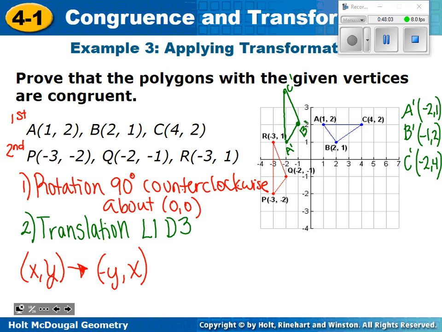You're taking the blue coordinates and rotating them and getting these green coordinates, and then you're taking those coordinates and translating them. So you should have a continuous rule. Does that make sense? So (x, y) is going to map onto (negative y, x) when we rotate, and then those coordinates are going to map onto (x minus 1, y minus 3).